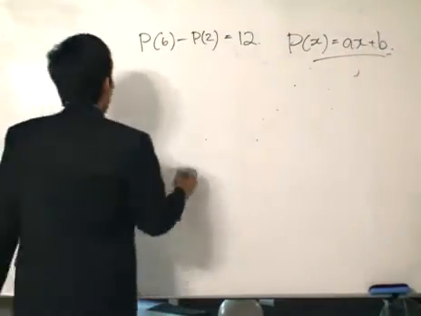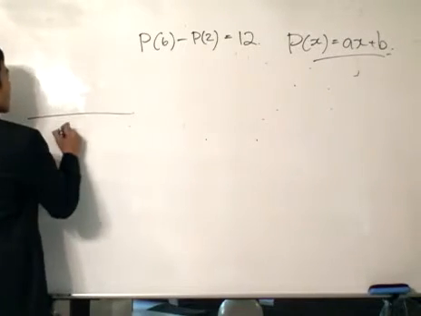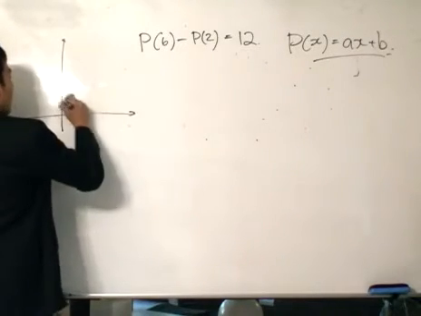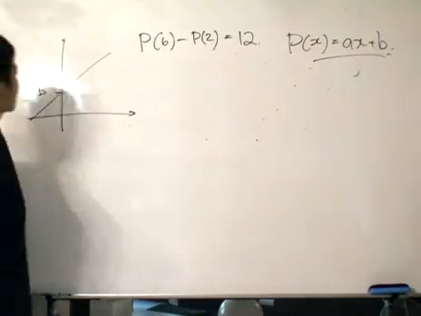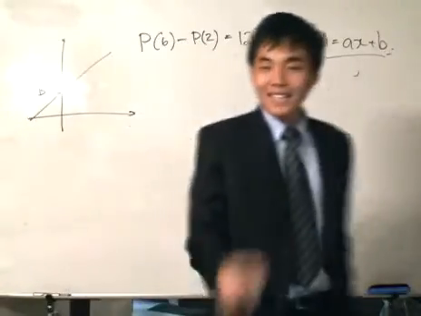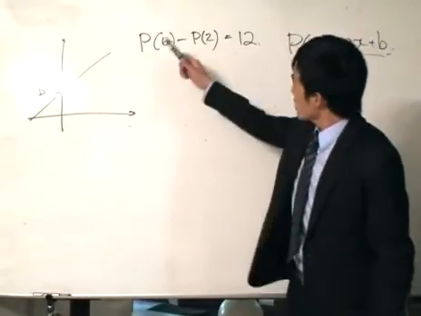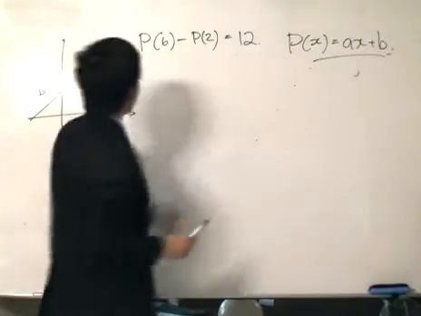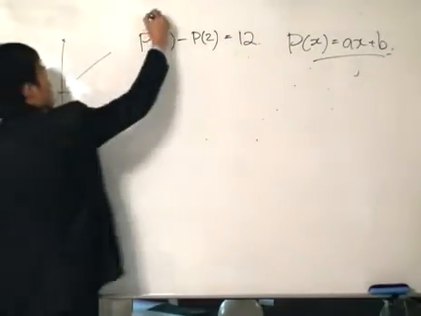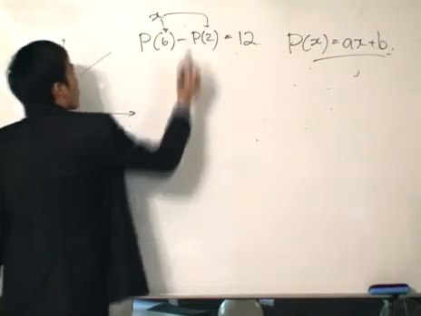So, having said that, if we have a graph like this, a straight line goes anywhere. We don't know what the value of b is, but it doesn't matter. What do you know about a straight line? Constant gradient. Now we have P(6) take away P(2). The x value is 6 over here and the x value is 2 over here.